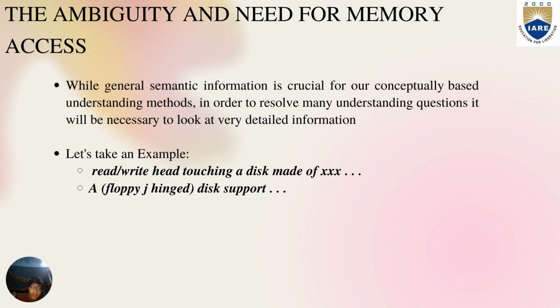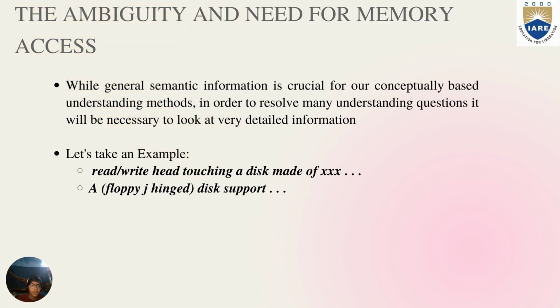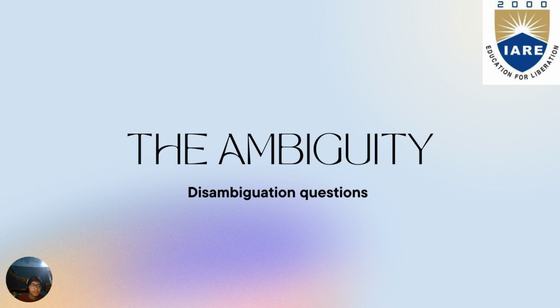The application of semantic information, including semantic features of words, to resolve ambiguity has also been widely used in artificial intelligence research. Constructions similar to those we will be considering. Okay, now disambiguation questions, that is how we are going to remove ambiguity from the text.